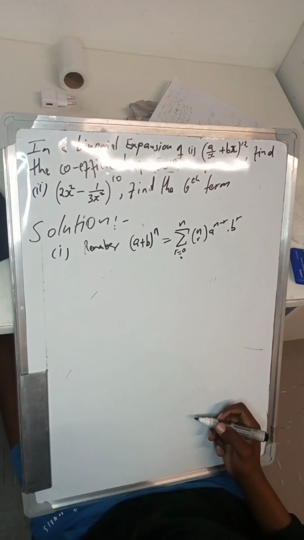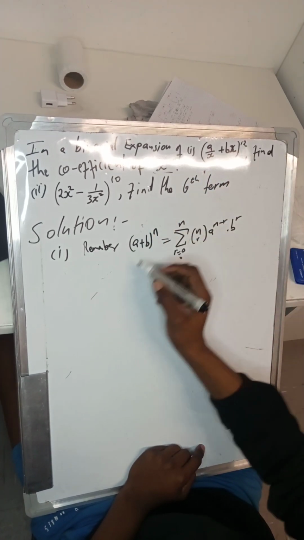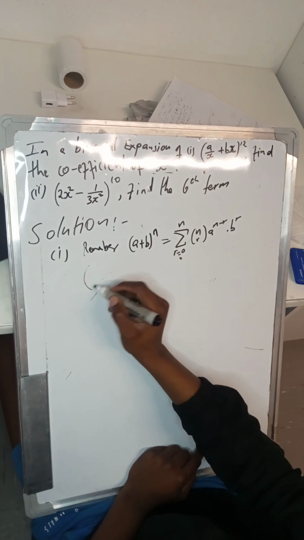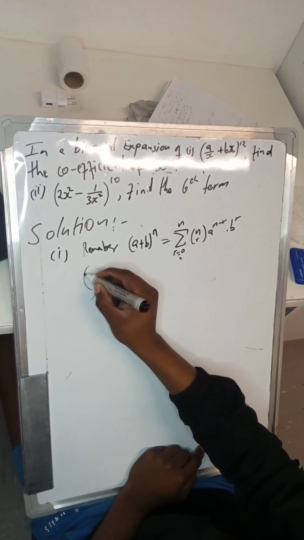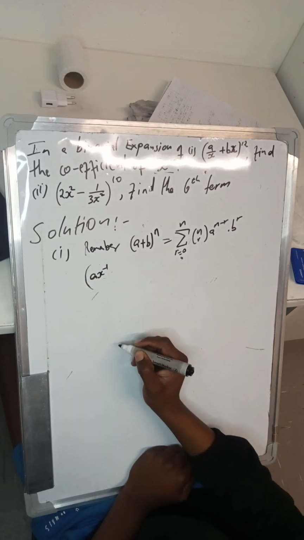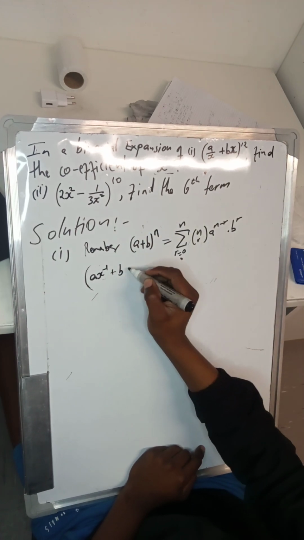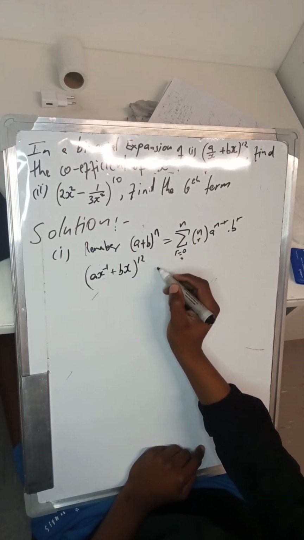So now let's rewrite this. Here, a over x is the same as ax to the power -1 plus bx to the power 12.